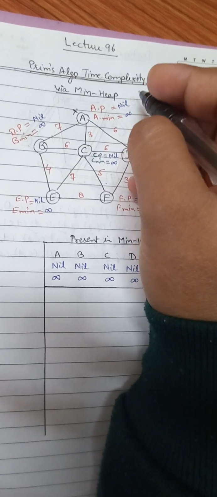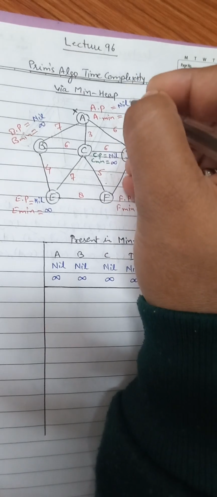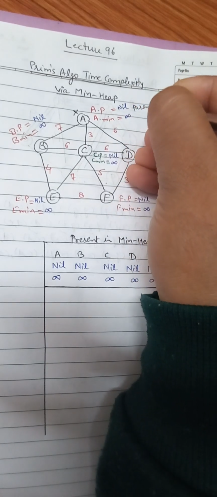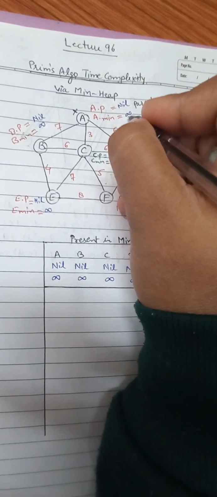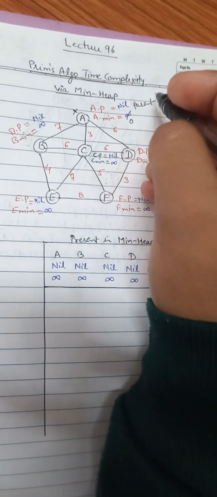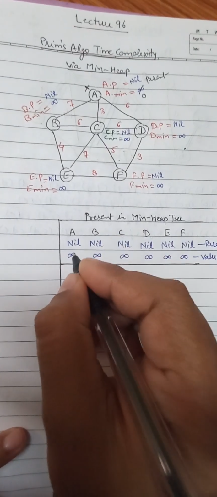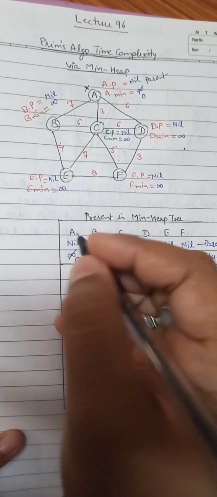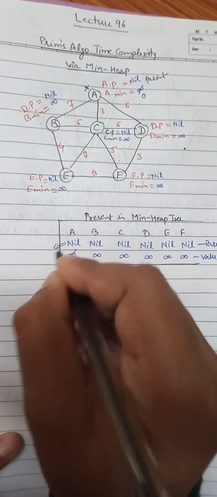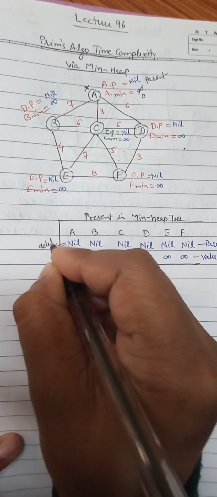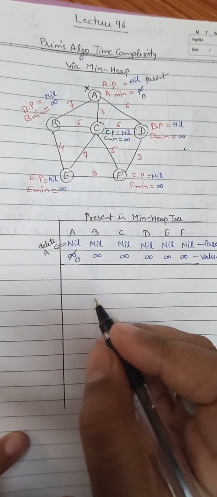And this will be the parent node for others, because first we are deleting A and its value will become 0 initially instead of infinity. So in the similar way we are making changes here and we are writing we are deleting A.